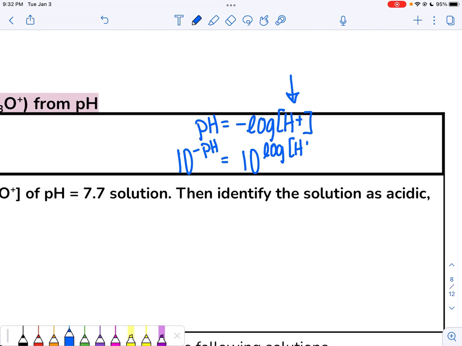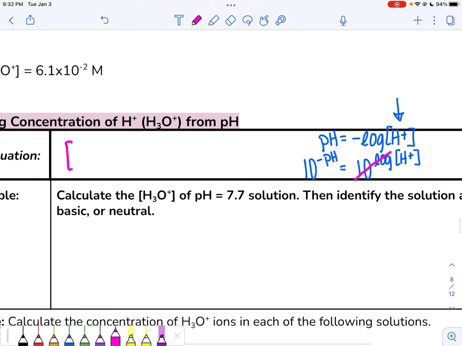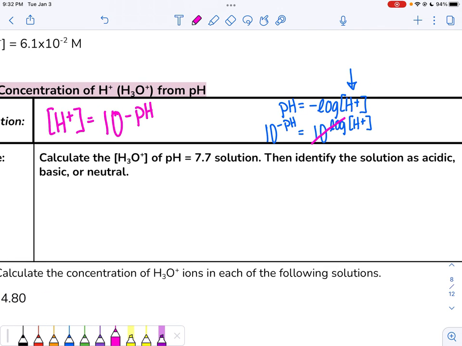Get rid of the negative sign on the right-hand side of the equation, is equal to 10 to the log of H plus. 10 and log cancel out, and I end up with concentration of hydrogen is equal to 10 to the negative pH.